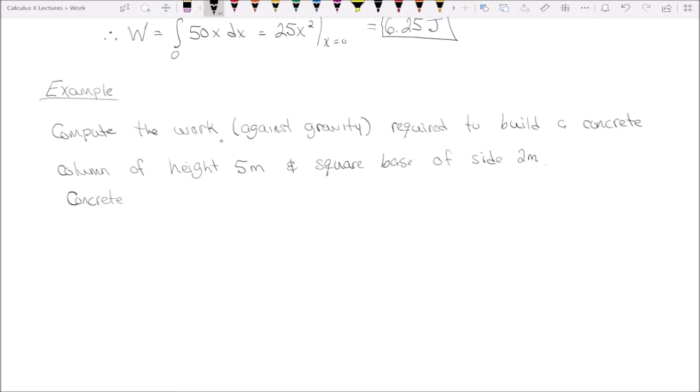We're going to assume concrete has a density of 1,500 kilograms per cubic meter.